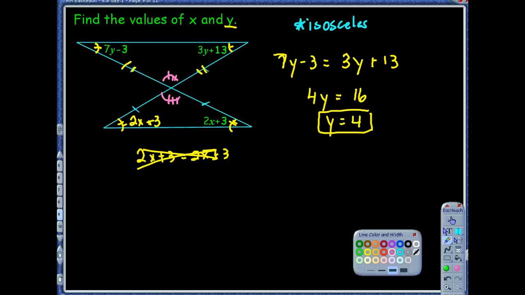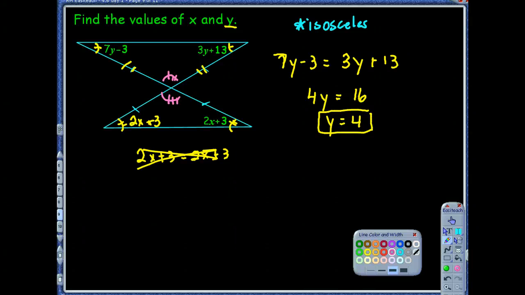It's not really the third angle theorem, but altogether they're 180 degrees. So if I take 180 and subtract the vertical angle at the top, the vertex angle of the top triangle, what I'm left with should be the same as if I took 180 minus the vertex angle of the bottom triangle and divided that by 2.